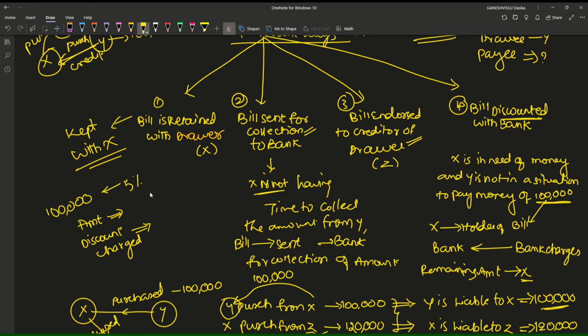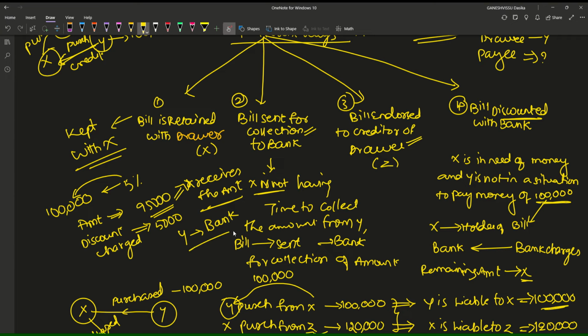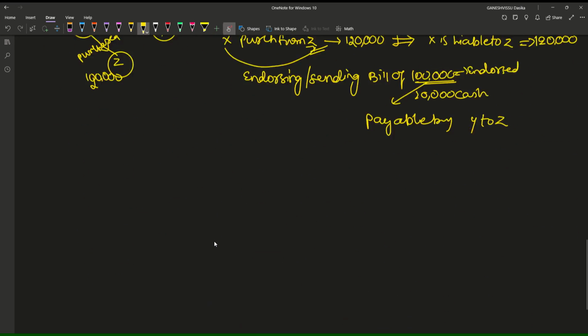So 5,000 is the bank charges, by multiplying with 5%, and the remaining 95,000 is sent to X. As X receives the amount, Y is liable to pay the bank only, because now the bill is held by the bank. These are the four transactions.